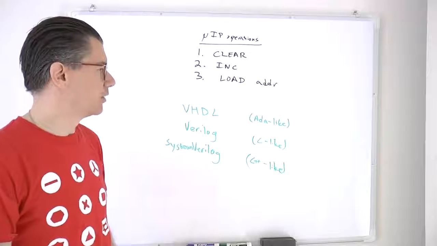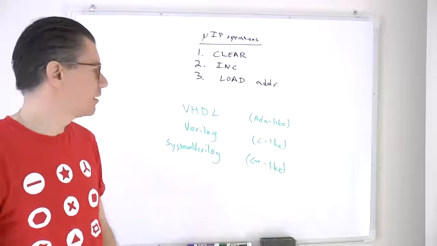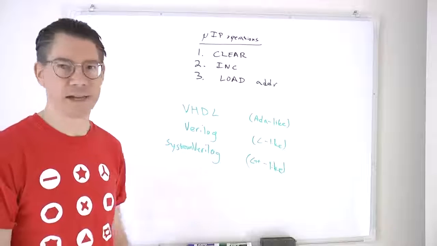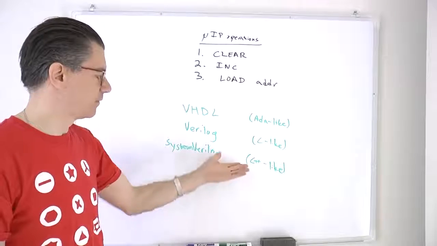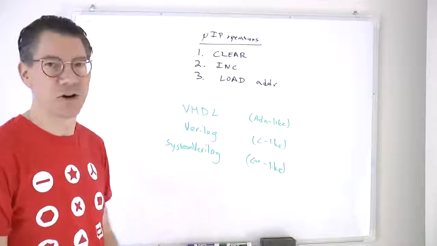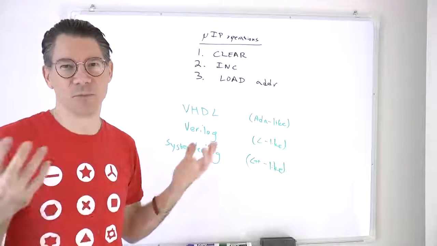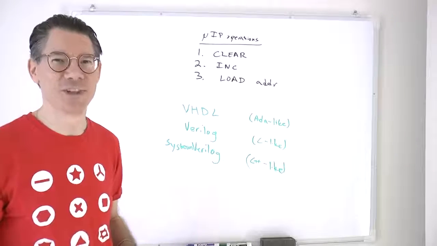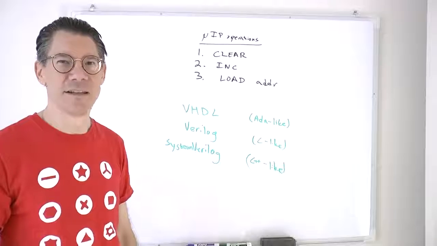VHDL was based on Ada, so it's very Ada-like. Verilog has the flavor of C, and just for the sake of making an argument, System Verilog is sort of what I consider to be a better version of Verilog. So it's sort of C++-like.